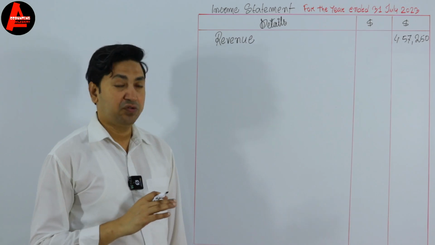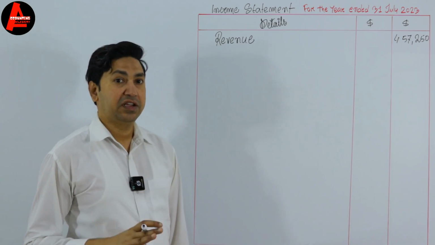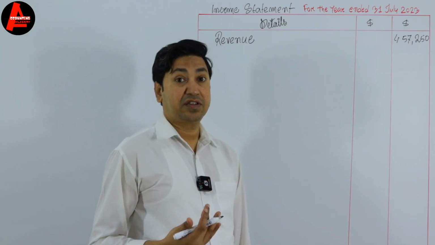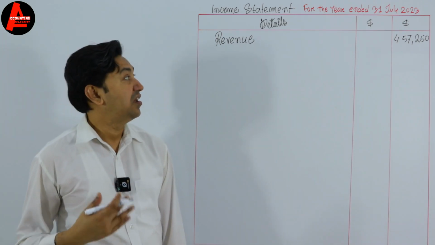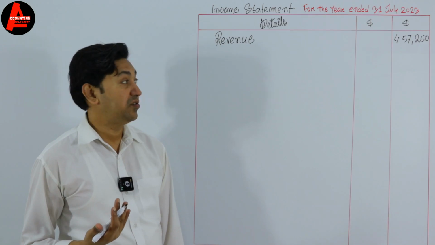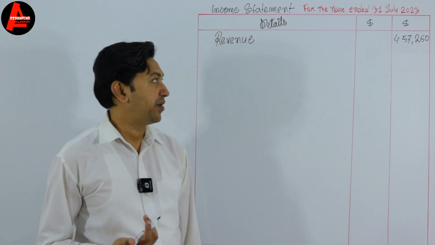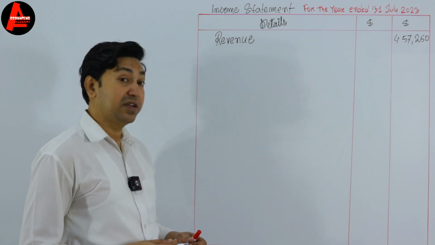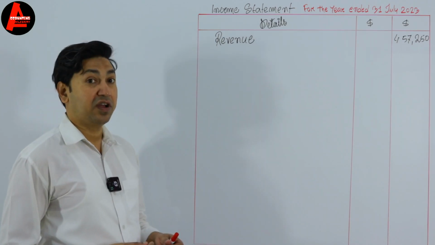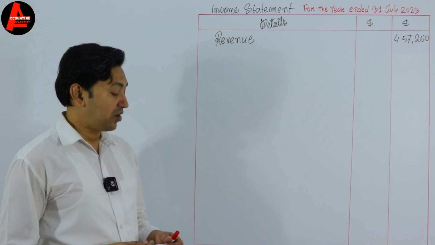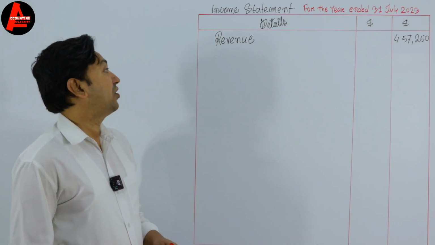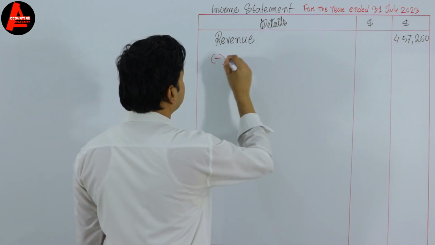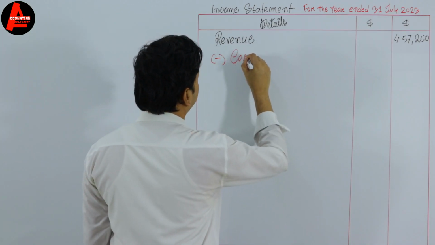In this question we do not have sales returns, so we don't need to do anything, but in your exam you don't know what comes. If you see sales returns, you need to subtract them from the revenue. Now from the revenue, if we subtract cost of sales, we will be able to figure out our gross profit or loss. So let us write here minus or less cost of sales.